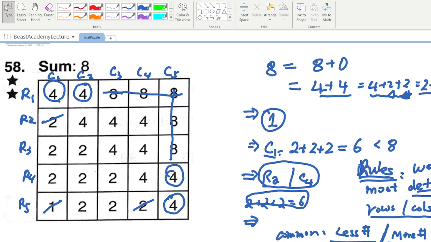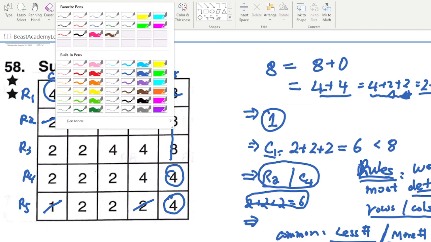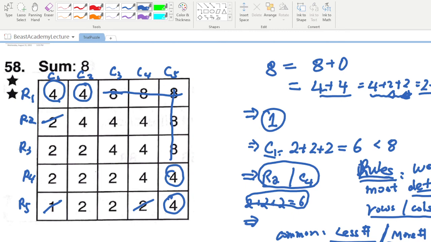So we can move on. Can anybody see my screen first? Yes. You can hear me okay, right? So now we are going to work on R5. Row 5 altogether needs to be 8.